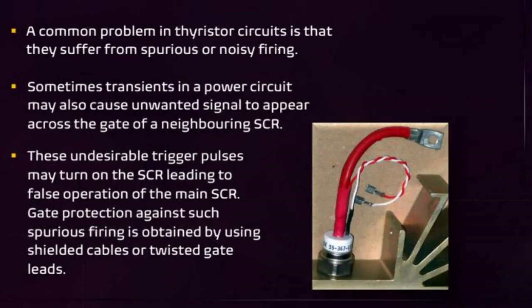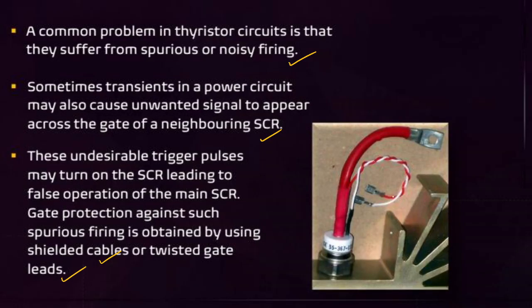A common problem in thyristor circuits is that they suffer from spurious noisy firing, from noisy signals. Sometimes transients in a power circuit may also cause unwanted signals to appear across the gate of a neighboring SCR. To protect the SCR from these unwanted signals, we use shielded cables or twisted gate leads.